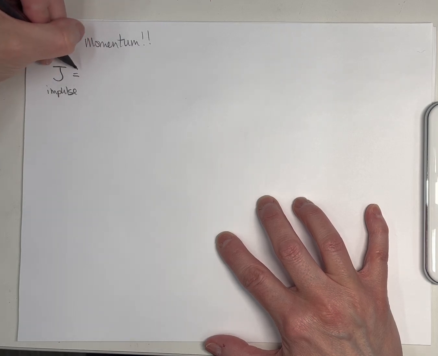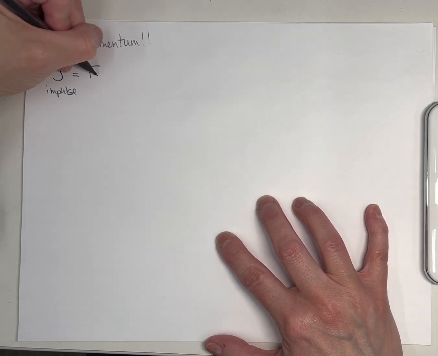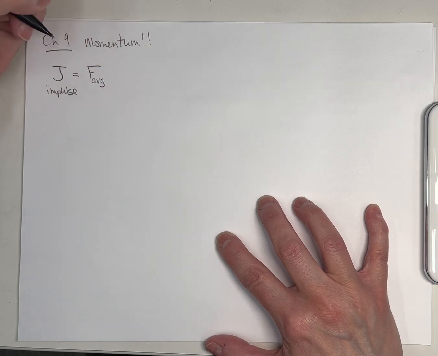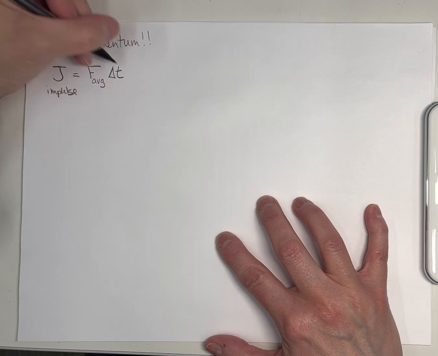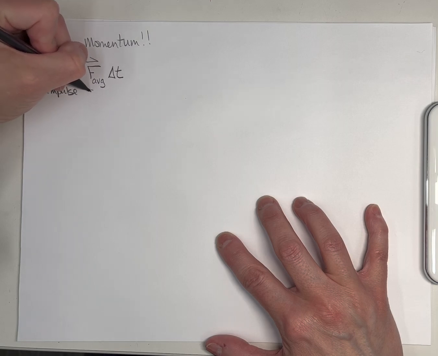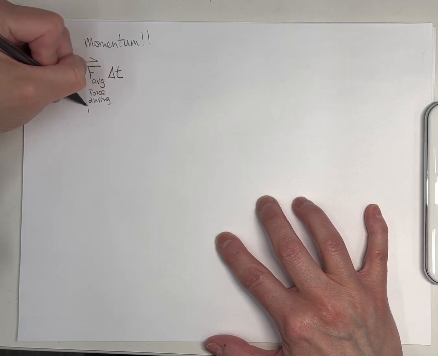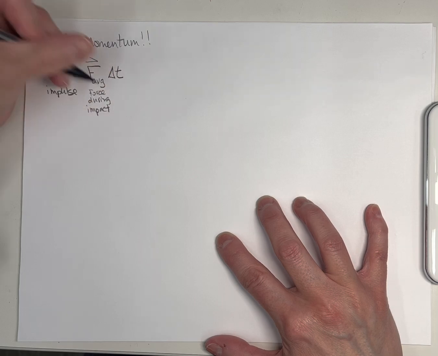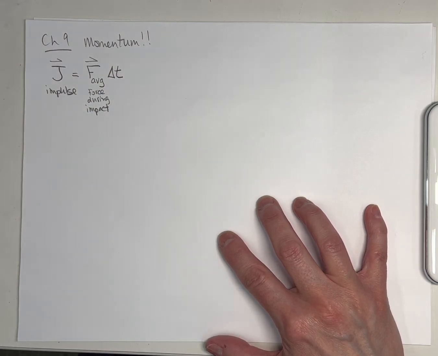Okay, this is the average, because we're in the algebra-based course, the average force times a little piece of time. What am I talking about? Well, impulse is the force during an impact. This could be your foot touching the ground. This is a baseball hitting a bat.